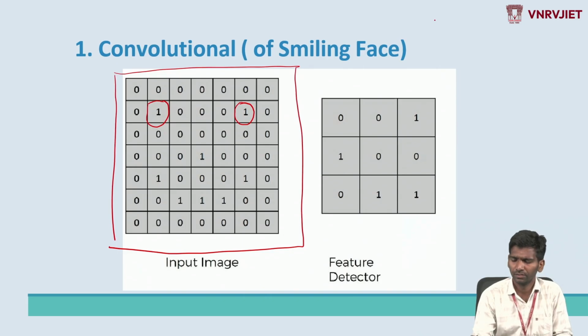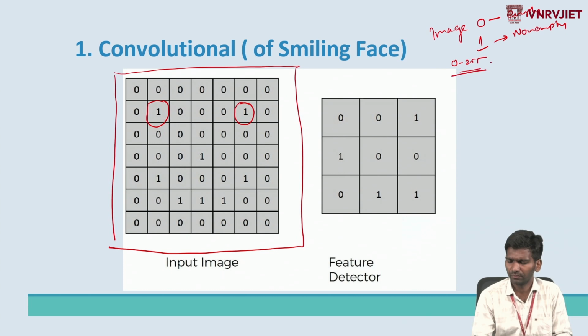Generally in an image, zeros are empty. One we can represent as non-empty, meaning some image is there. One, or any value between 0 and 255, will be there. So if that value is there, we need to consider there is an image in that pixel area.